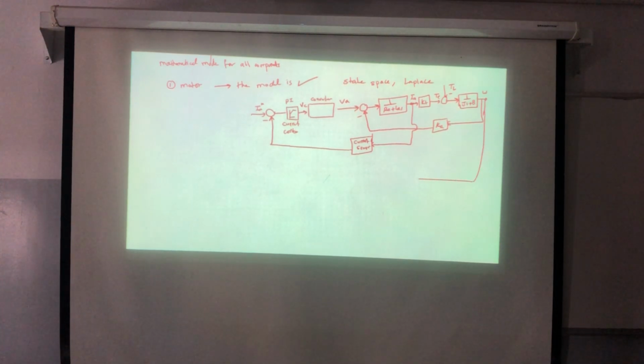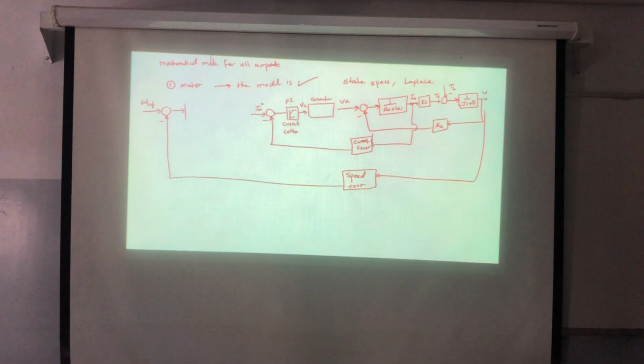Now, if I need to have a speed controller, in this case what do I need? A speed sensor. I will compare it with the reference, omega reference, then use a PI control, the speed control. And the output of the speed controller is what?